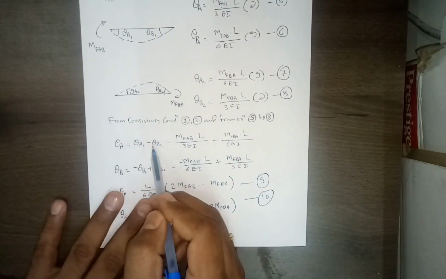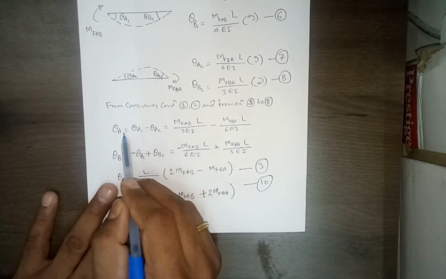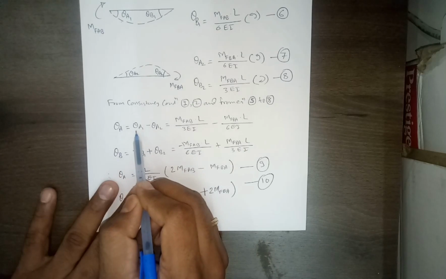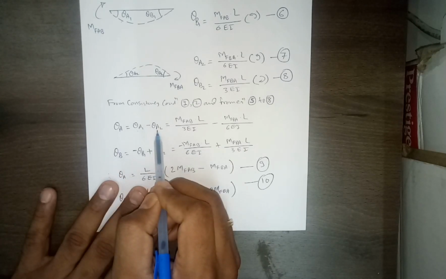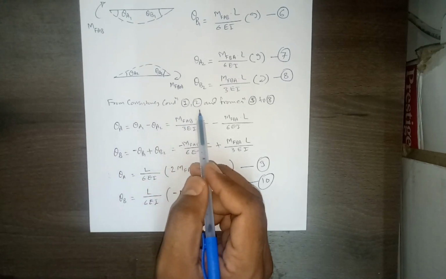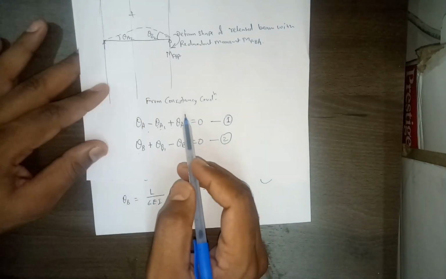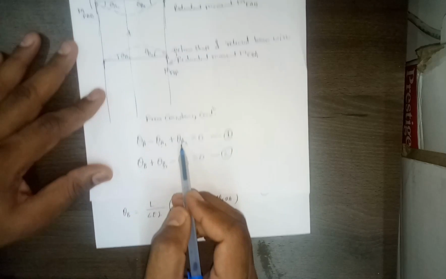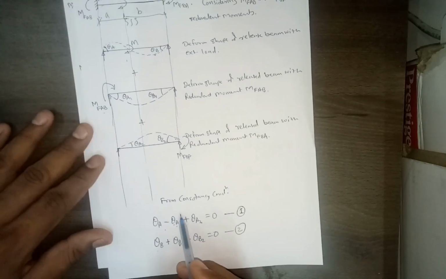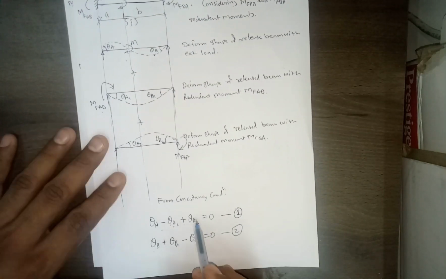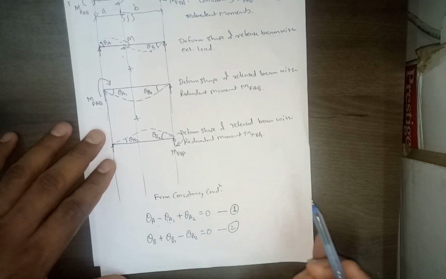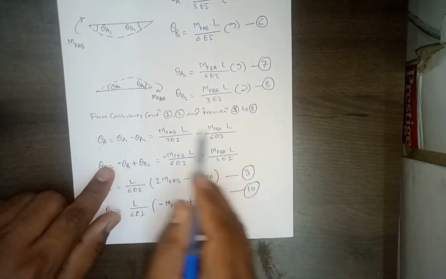Now we will be using this consistency condition. So we'll substitute the values of theta a1, theta a2 in equations 1 and 2. Equations 1 and 2 are these equations, right? We'll substitute the values in this consistency condition. If you substitute these values in the consistency condition, then the equation we get is this equation.